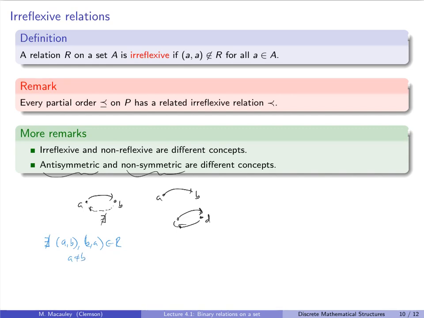And non-symmetry says there exists some edge (A, B) in R such that (B, A) is not in R. So B is not related to A. And here we are assuming A and B are different. So both of these different concepts, they look the same linguistically, but they mean very different things.